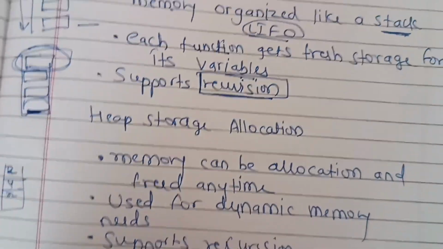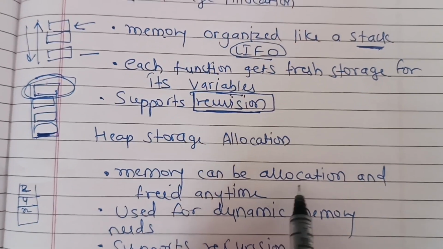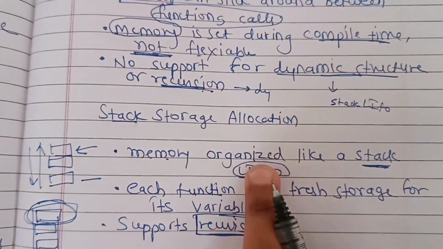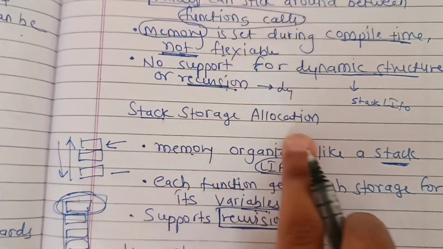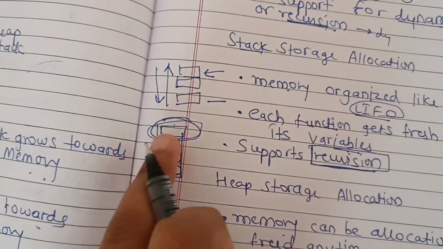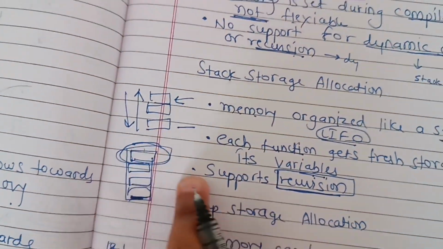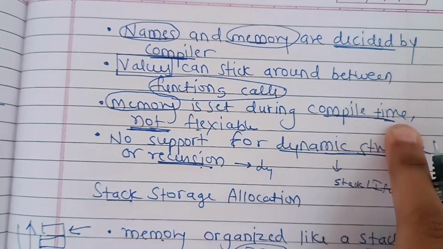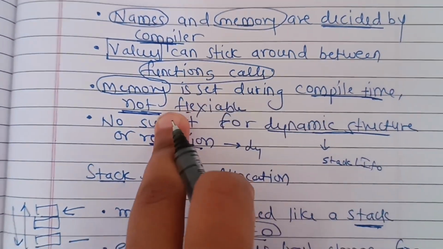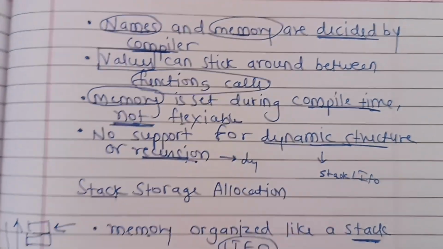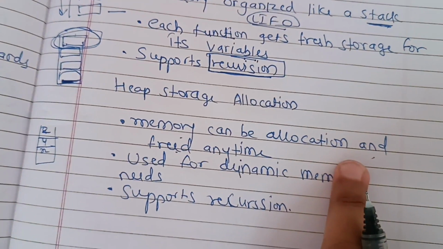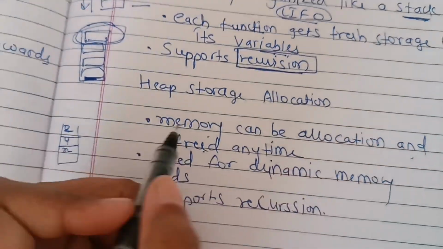Heap storage allocation. Memory can be allocated and freed anytime. Now in stack storage allocation, the problem was the memory was in a stack, so you can only take the top element and then remove it, whereas in static allocation the memory was of fixed size. That's why you cannot assign data directly or remove it, whereas in heap storage allocation, memory can be allocated and freed anytime.